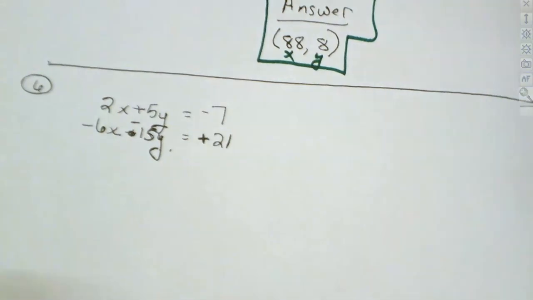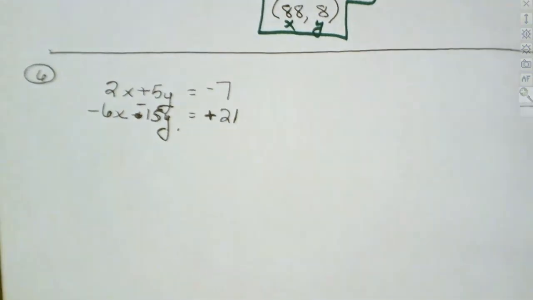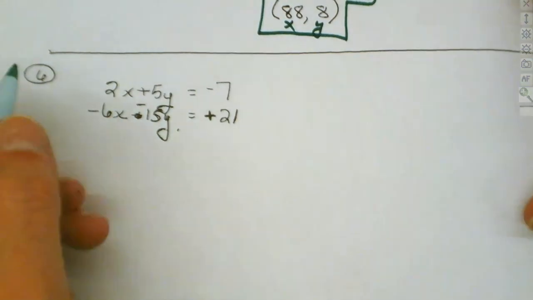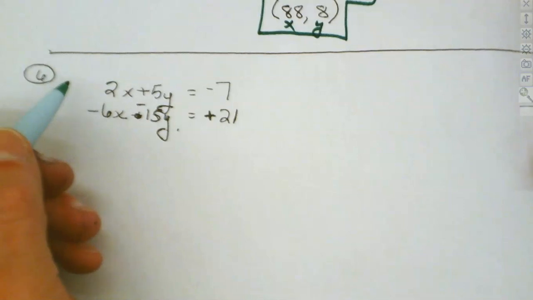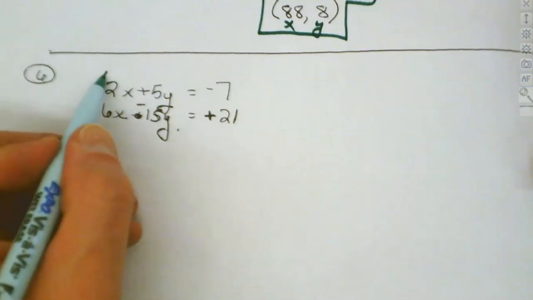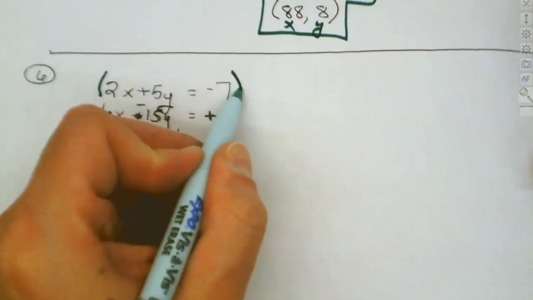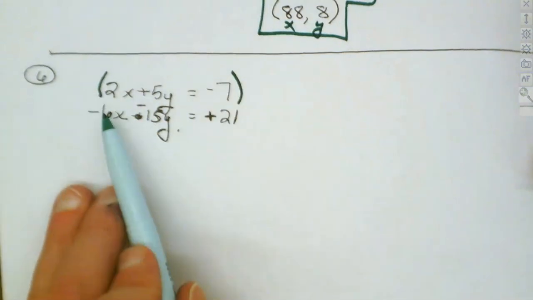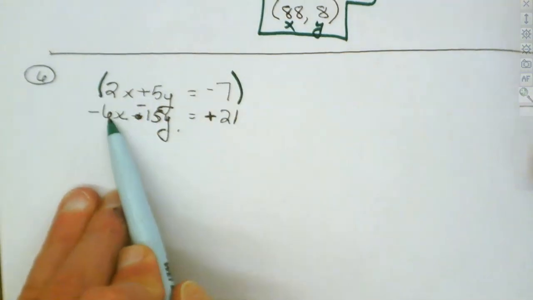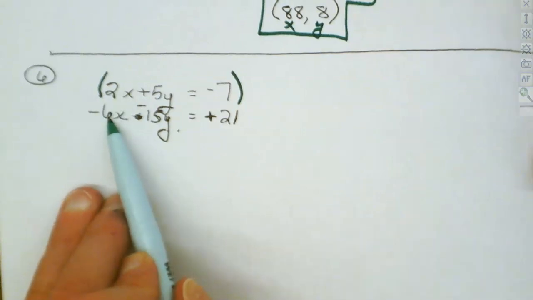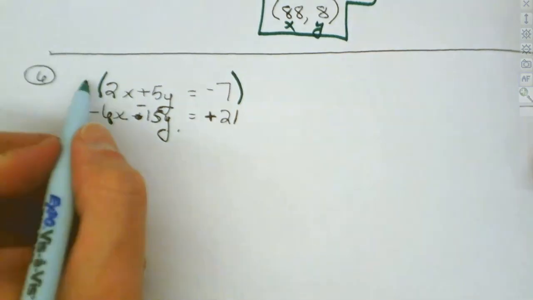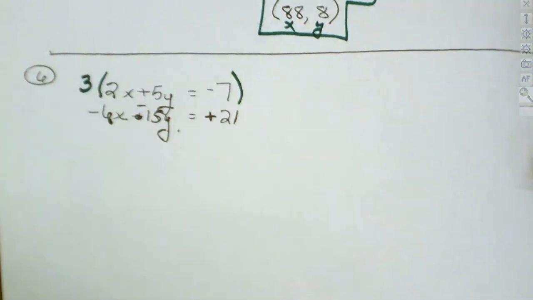Now, does it matter which variable we eliminate? No. So, why don't we eliminate for x? And if we eliminate for x, this has a negative 6. 2 times what number makes it 6? Well, 2 times 3 makes it that 6.